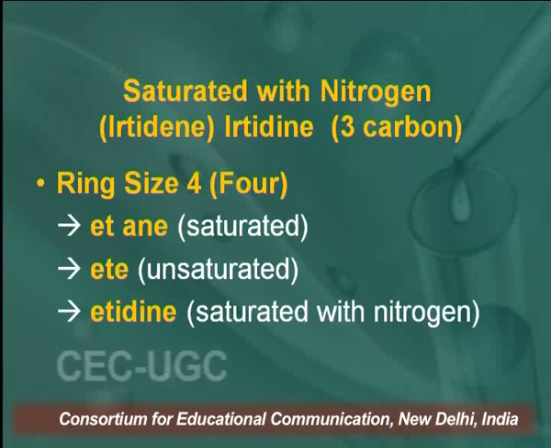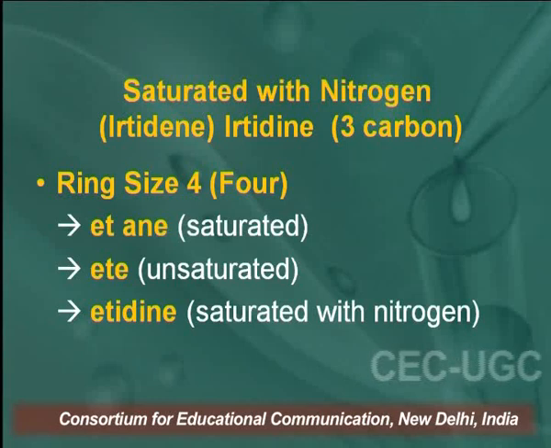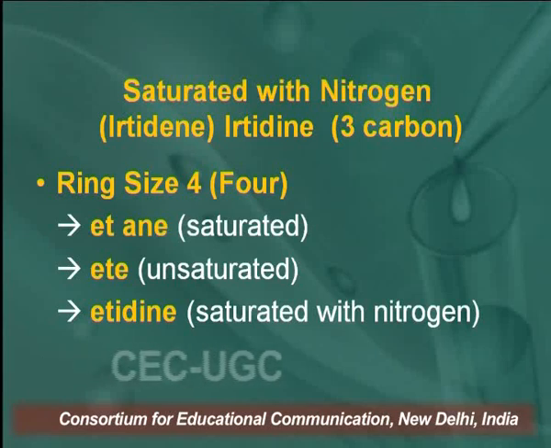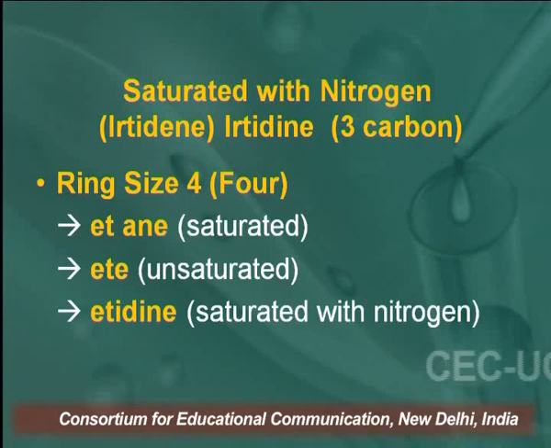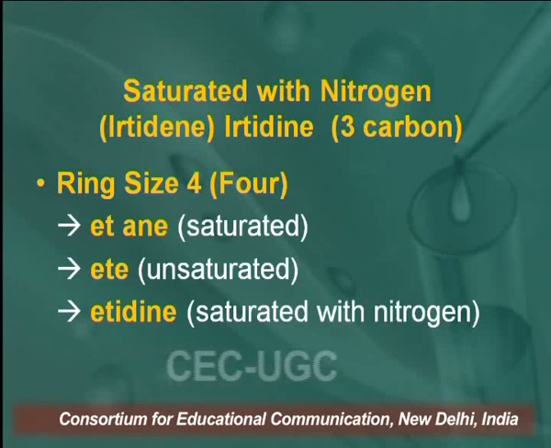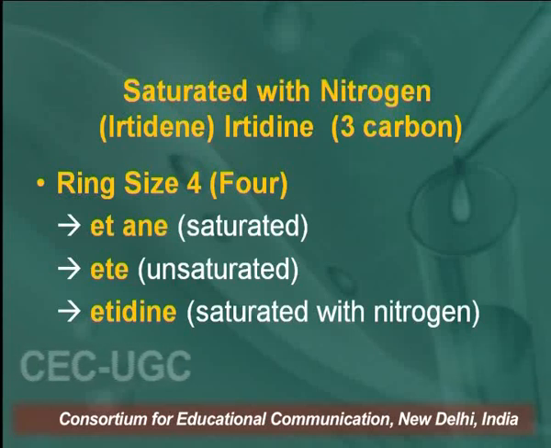Now, saturated with a nitrogen atom with a 3-carbon ring. If the ring size is 4, remember, the suffix is -et, and -ane if the ring is fully saturated. Similarly, if the ring is unsaturated, we end the name with -ete.